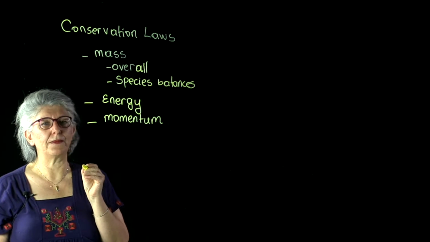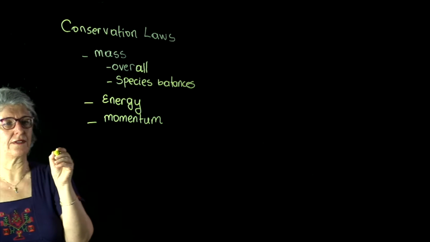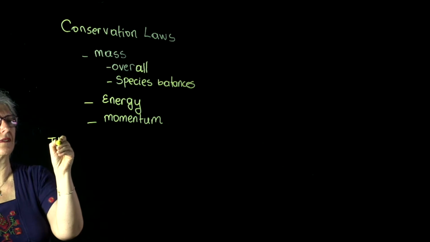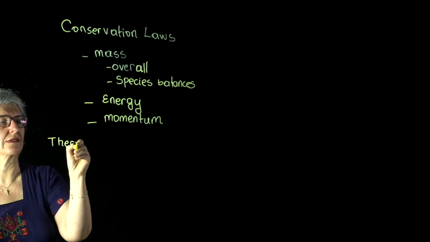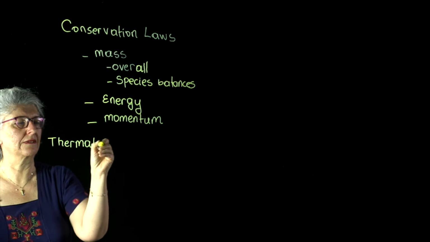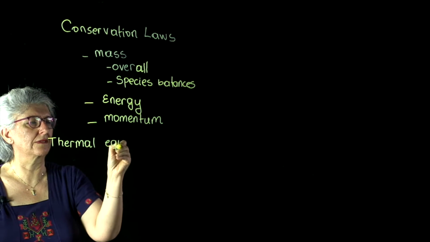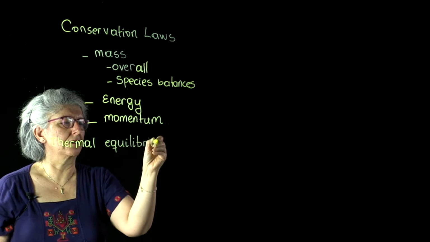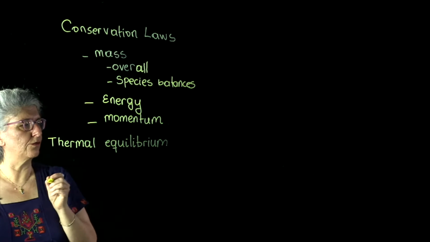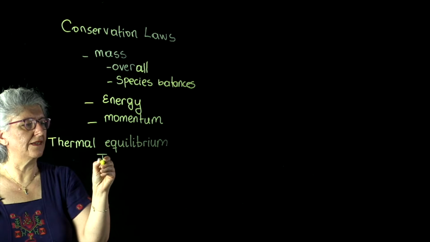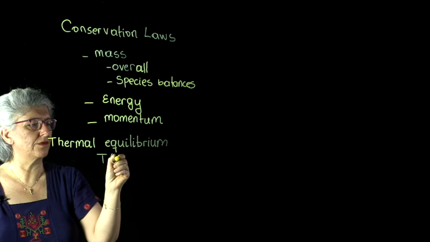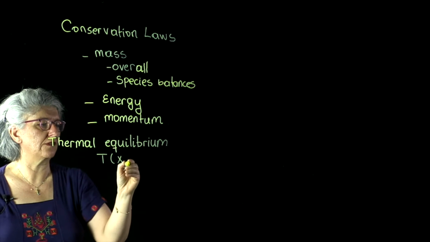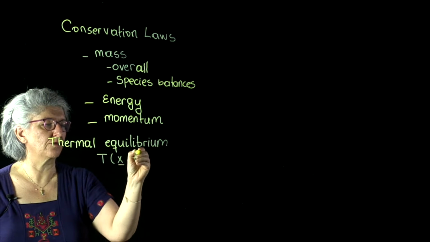So one quick example: if the system is thermally equilibrated, then we conclude that the temperature is neither a function of position, x is our position vector, nor a function of time.